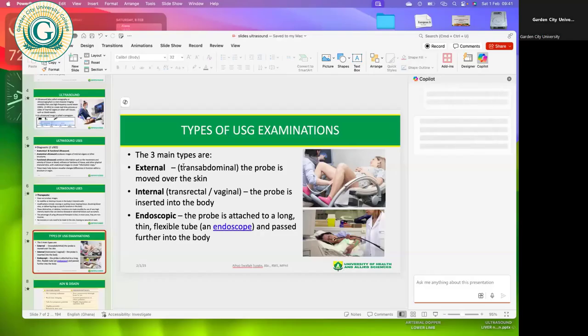The last one of the three is the endoscopic. With regards to the endoscopic examination, the probe is attached to a long, thin, flexible tube, which is usually termed an endoscope, and passed further into the body. With this, we call it endoscopy. Endoscopy is usually done for patients in whom we have to visualize very deep-lying structures like the stomach, the sigmoid colon, the ascending colon, or the rectum.